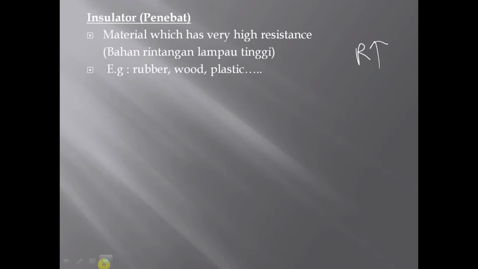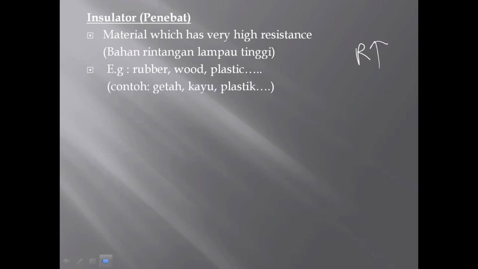Of course, Malay translation is already on the screen: getah, kayu ataupun plastik. For those who are using my notes, please make sure you copy this down into your paper notes. Or if you don't understand this, just watch this again. Hope it helps you during this difficult moment.